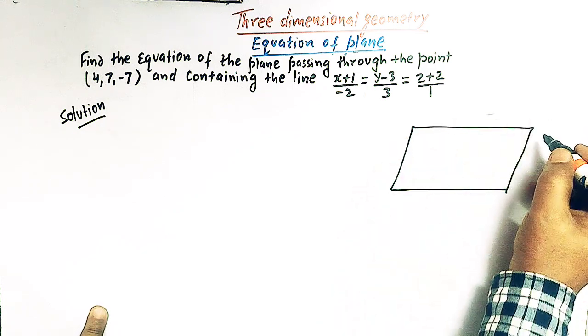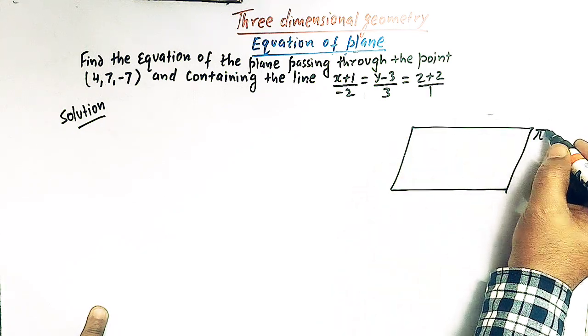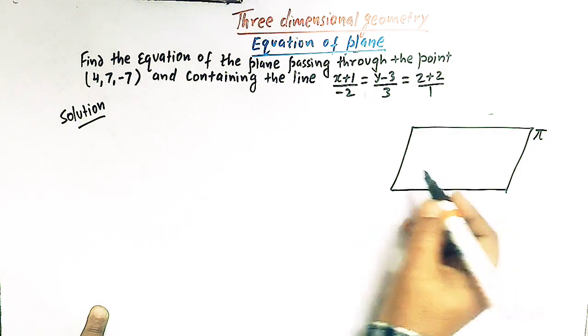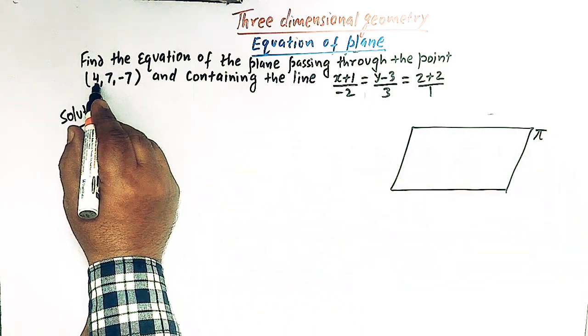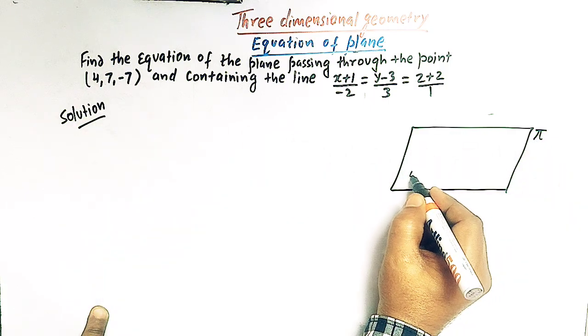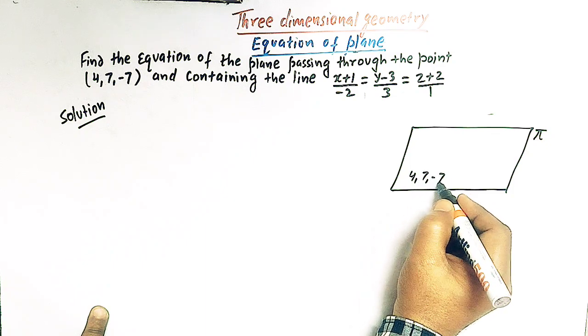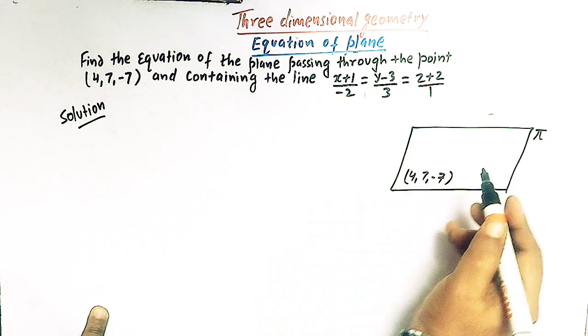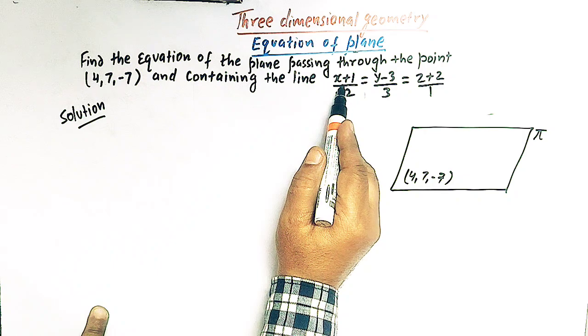Now this plane may be denoted by the letter pi, and here this plane pi contains this point, that is 4, 7, -7, and this plane contains this line.